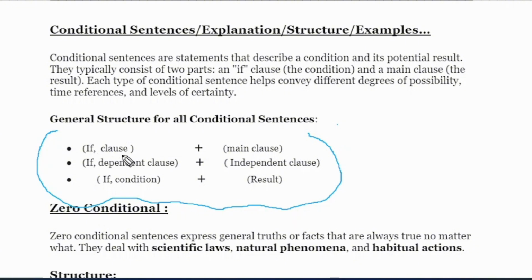Don't be confused: a clause is basically a small sentence, with one subject and one verb. So there are two small sentences, and we call them clauses. A clause is smaller than a sentence. The if clause will be the dependent clause, and the second clause, the main clause, will be the independent clause.